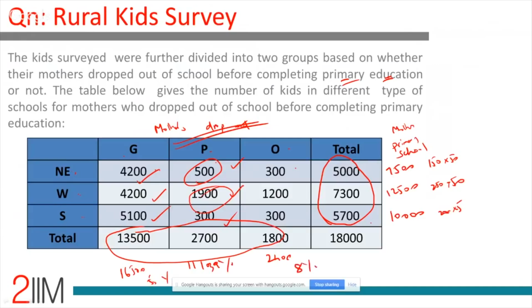Now, I've done this set before, so I'm rattling these numbers off. So don't get intimidated. I have the advantage. I solved this completely, and then I'm sitting here and talking to you. So obviously, I remember the numbers. But if you had made sense of the numbers as and when you see them, then remembering and putting them in place becomes that much easier. So spend that time to make sense of the numbers.